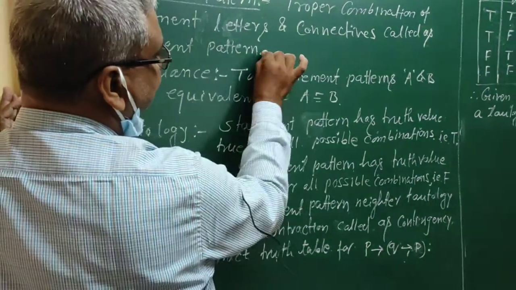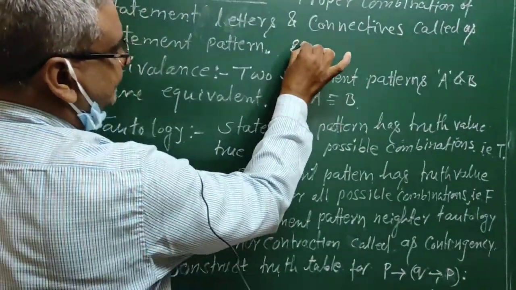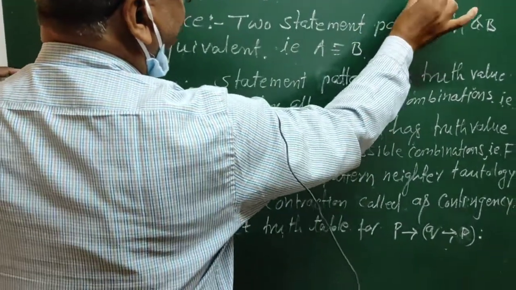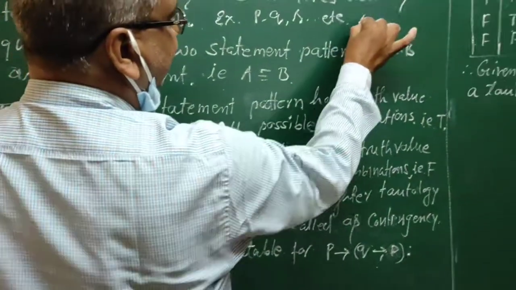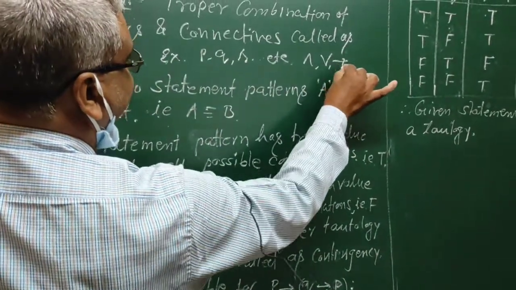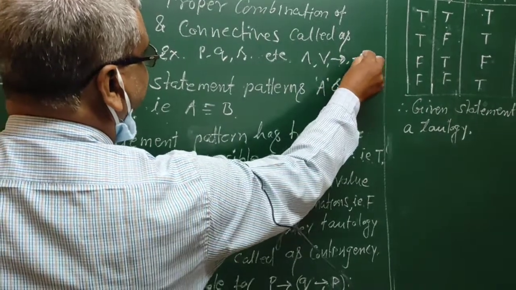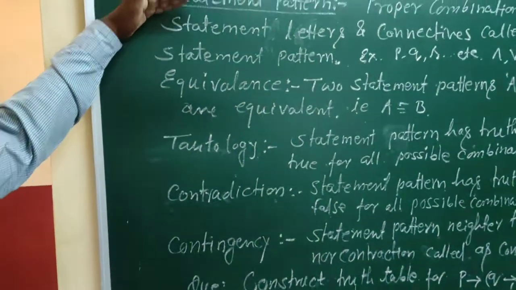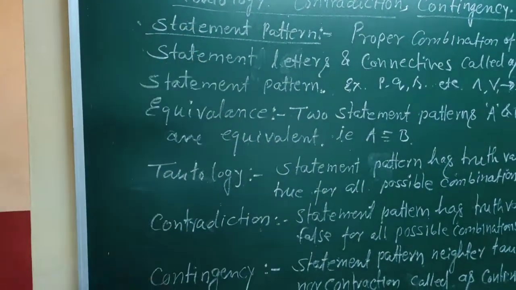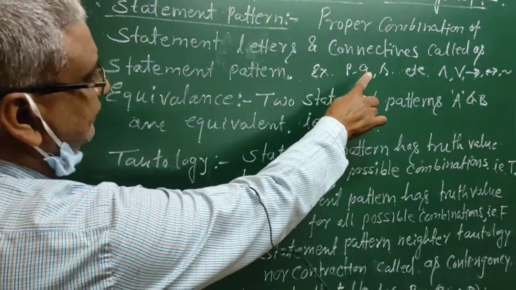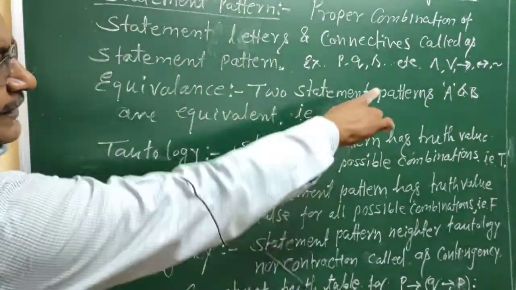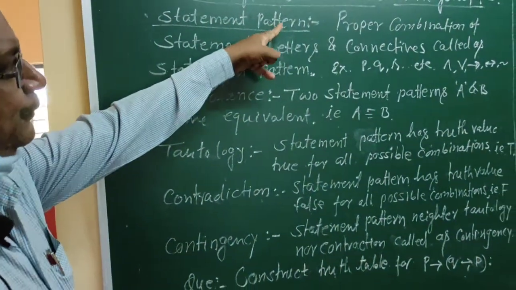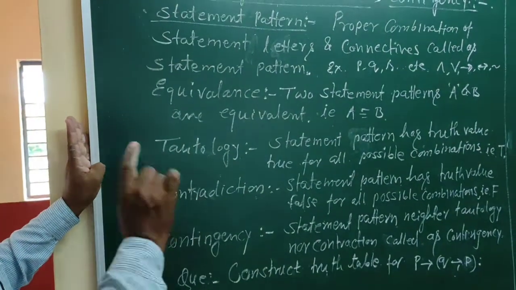We have used letters P, Q, R, etc., and we have seen the logical connectives: and, or, implication, double implication and negation. So in the statement pattern, we are using the proper combination of the statement letters and the connectives, and this is called the statement pattern. Therefore we have defined it as a statement pattern.